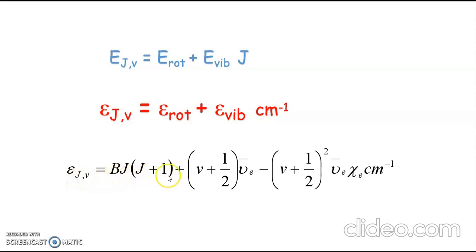That is B J(J+1) plus (V plus half) nu bar E minus (V plus half) the whole square nu E bar chi E in centimeter inverse. Here you can see this is the expression for an anharmonic vibrating molecule.